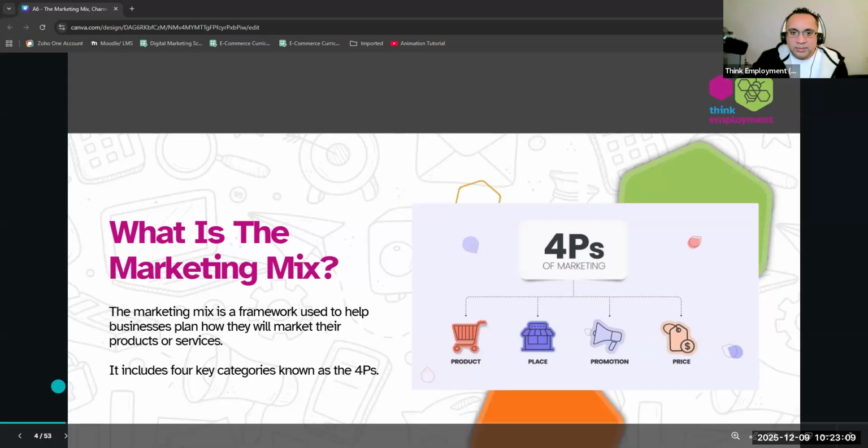Then place, or distribution, is about the website itself, where you're purchasing, so e-commerce sites. It's basically about how the customer accesses the product. Marketplaces like Amazon, Etsy, eBay are all about distribution. Your product could be placed on Amazon, eBay, or Etsy. You're trying to get it in front of as many customers as possible.